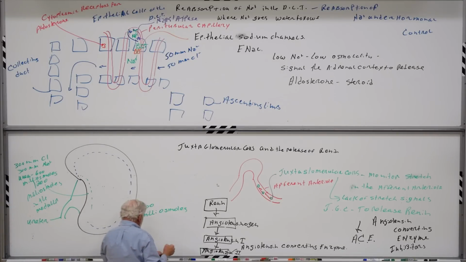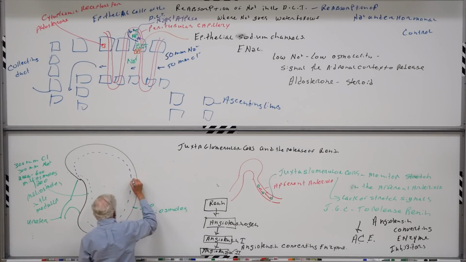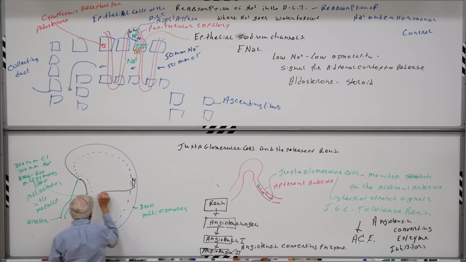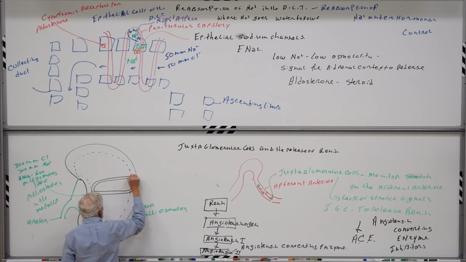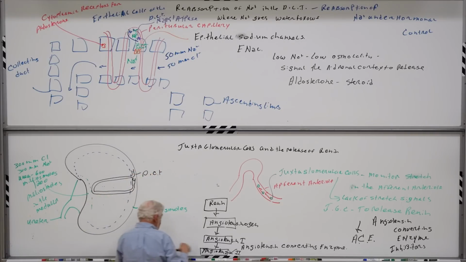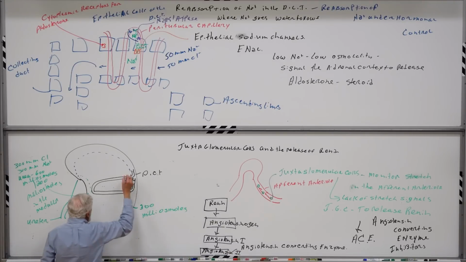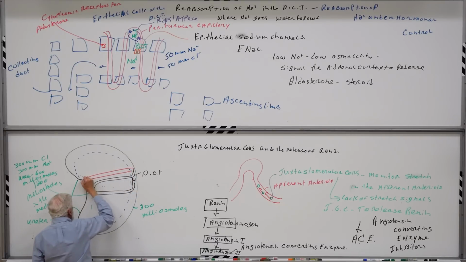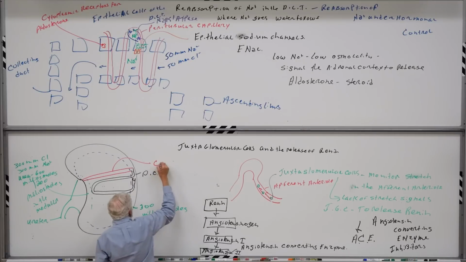But now let's review the idea of up here. We have the Bowman's capsule, the proximal convoluted tubule, the descending limb of the loop of the nephron, around the hairpin turn, back up to where we began today in the distal convoluted tubule. And these distal convoluted tubules then, I'll put this in a different color, empty into this structure known as the collecting duct.